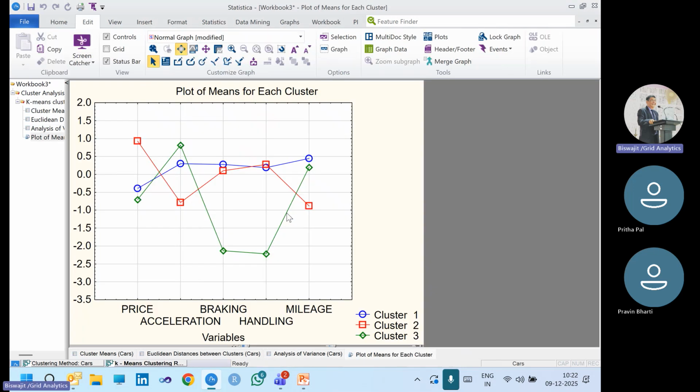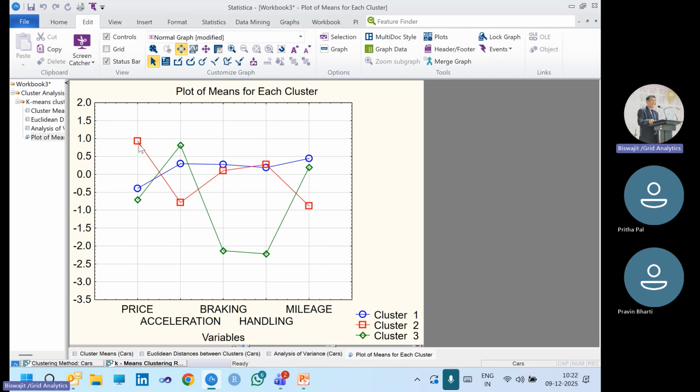Graph of means is a very interesting plot, right? Suppose you see the pricing, because pricing is one of the most deterministic factors here.